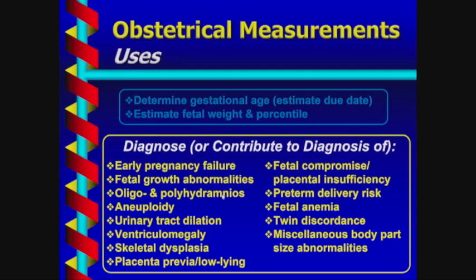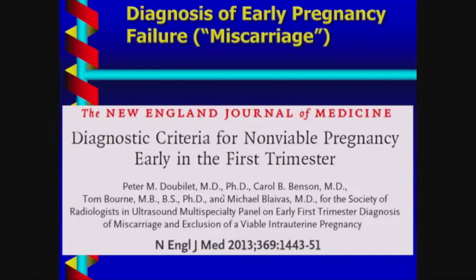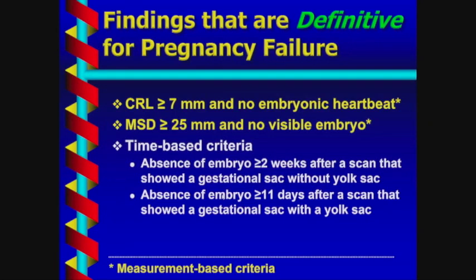Okay, so age and weight aren't the only things by any means that we use ultrasound for. You heard on the prior talk about measurements in the diagnosis of early pregnancy failure or miscarriage, and there are criteria for pregnancy failure that use measurements and other criteria.